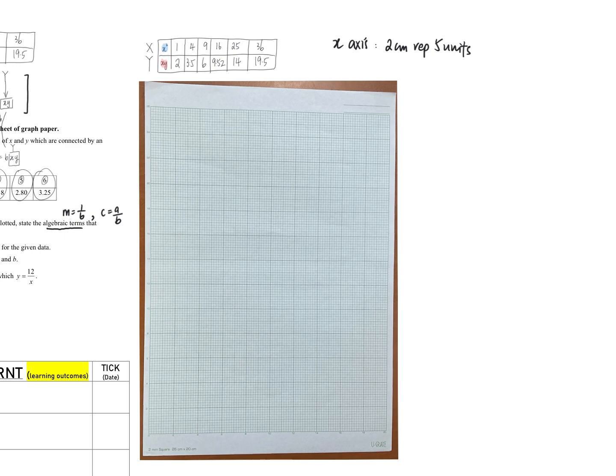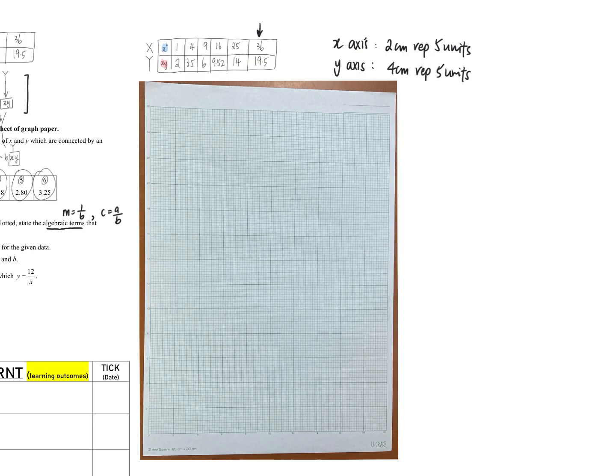If you want to use 1 for 1, I don't think we have enough because we need to go up to 36. Then the y-axis, let's also plan a bit. We don't have any negative values. We must go all the way to 20. So probably 4 cm for 5. 5, 10, 15, 20. So 4 cm to represent 5 units.